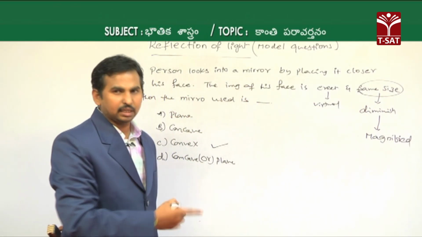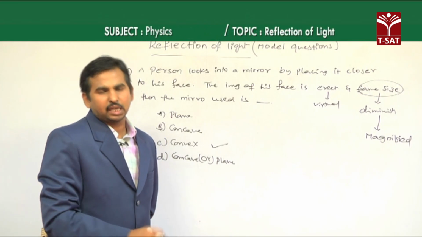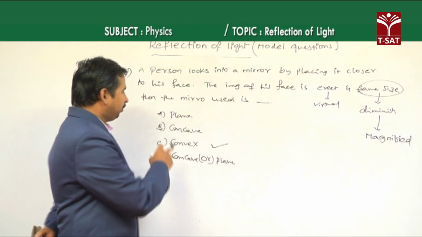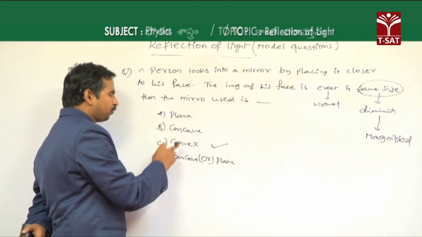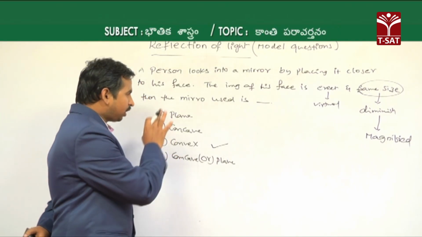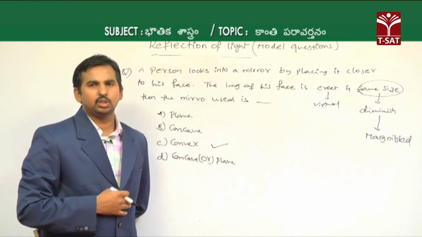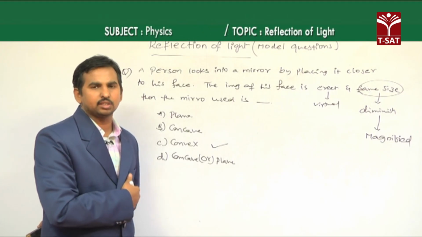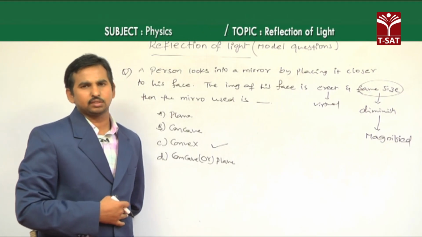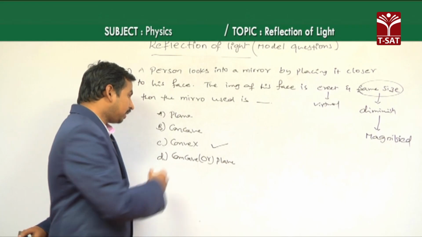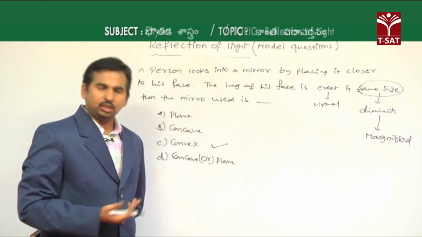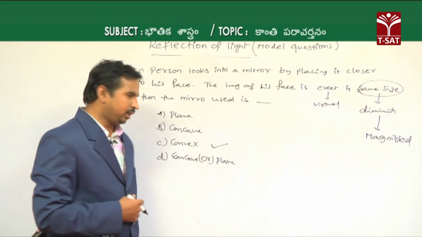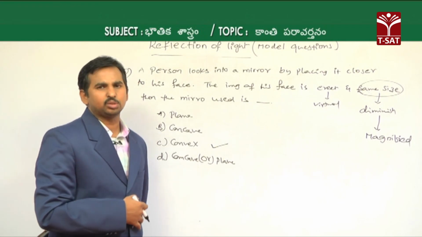Now, given erect and magnified: erect images can be formed by a plane mirror, a concave mirror, and a convex mirror, because in all three cases virtual images are possible. A plane mirror always forms a virtual and erect image, but the problem is it forms only the same size image. In the case of a convex mirror, we also have a virtual and erect image, but the size is diminished.